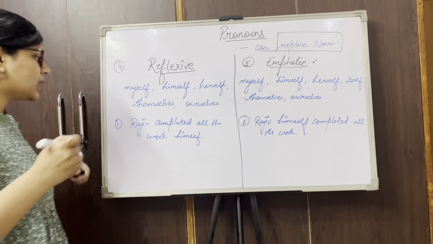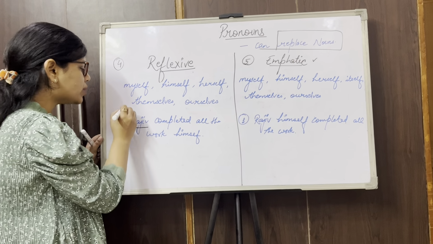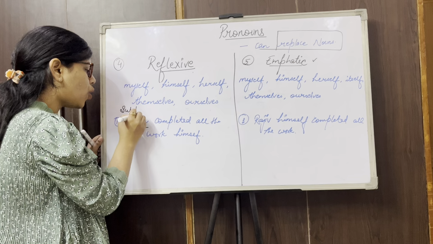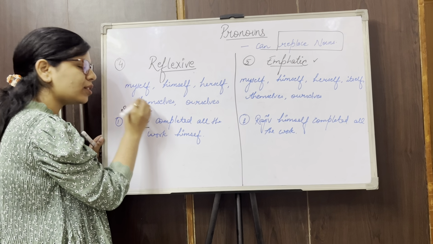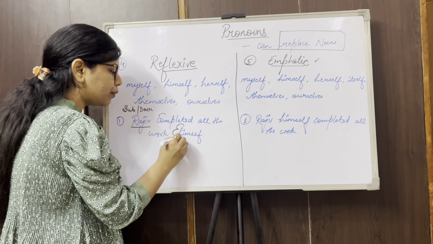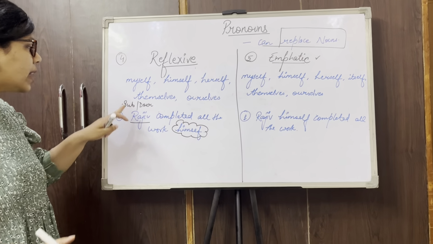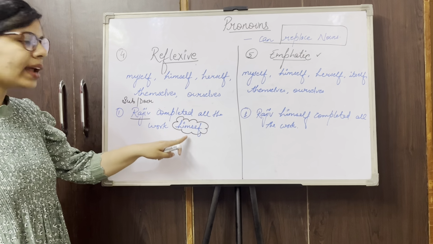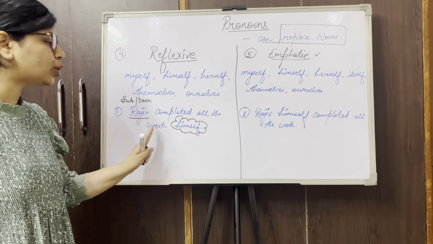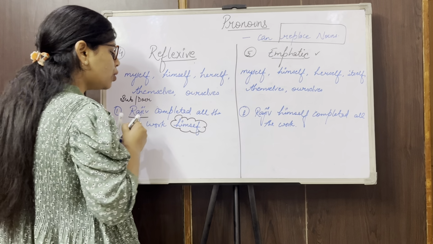Let me tell you. See here, we have the word Rajiv, who is what? A subject, or you can say doer of the action. And then what is the pronoun? Himself. So you can see that in between the subject and the pronoun there is a lot of gap. In between we also have the verb.